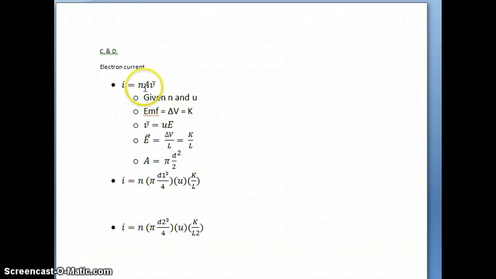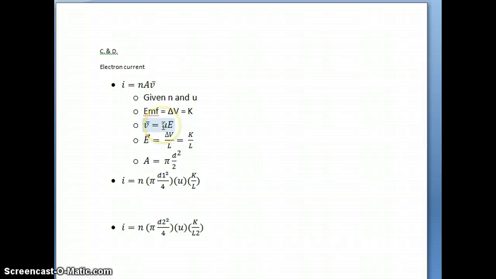We're given the electron density, as well as the electron mobility, which will be u. So in order to find the electron current, we use the equation I equals nAuE. The EMF is equal to the change in potential, which is also equal to K, and K is given to us as well.